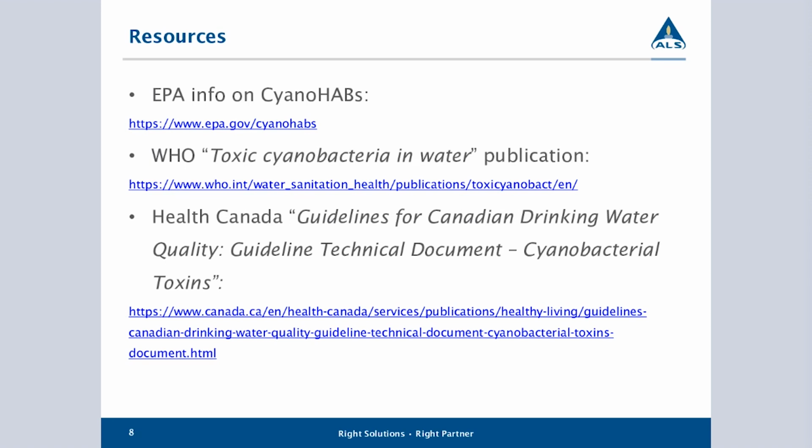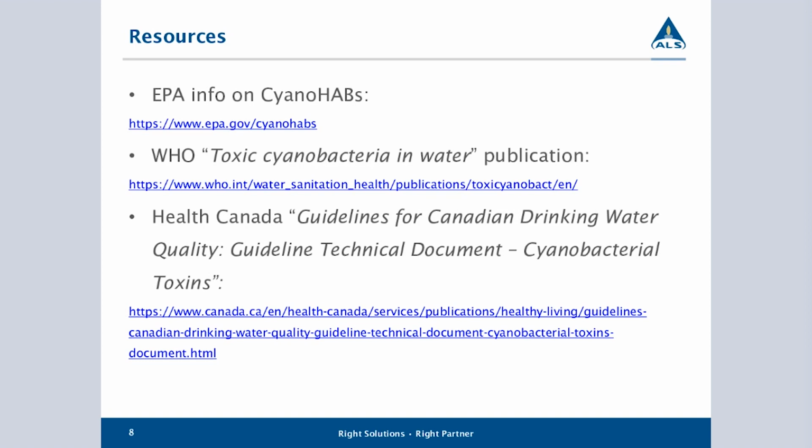So above are some links and resources for you, specifically the WHO publication that we talked about and the Health Canada guidelines for Canadian drinking water quality. For more information on the specific causes and management of harmful algal blooms caused by cyanobacteria, I would suggest looking at the first link there, the CyanoHABs page from the EPA.